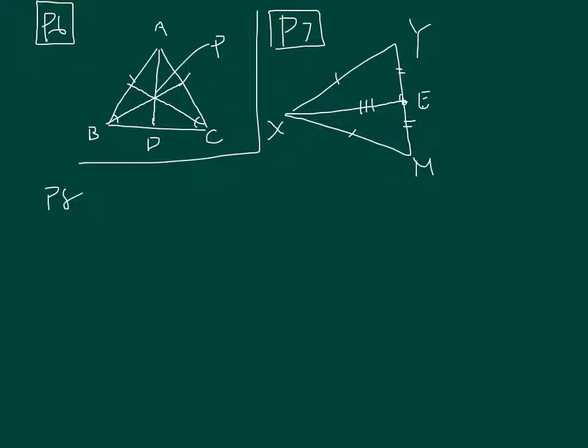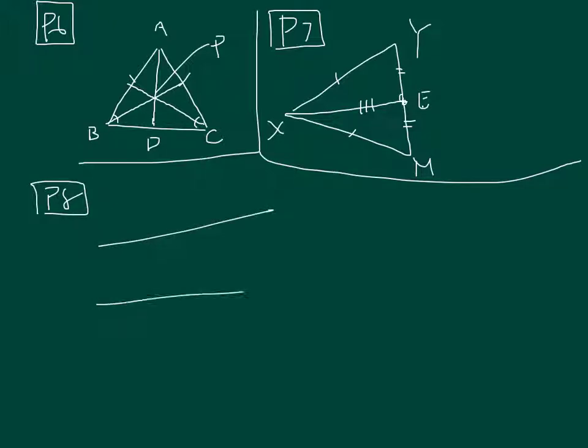We have some lines. It doesn't look parallel, but we have line EF on top and line GH on the bottom, and the intersection of the transversal and EF is L, and the intersection of the transversal and line GH is M. So suppose line EF and line GH are lines, so that means they're straight.